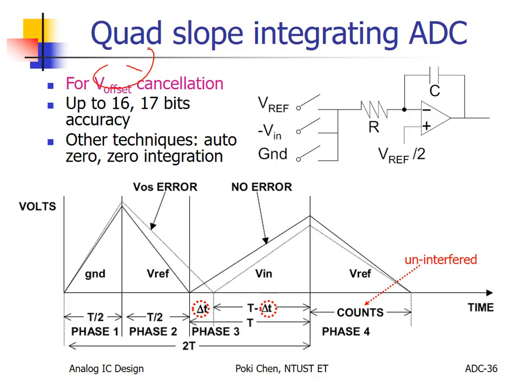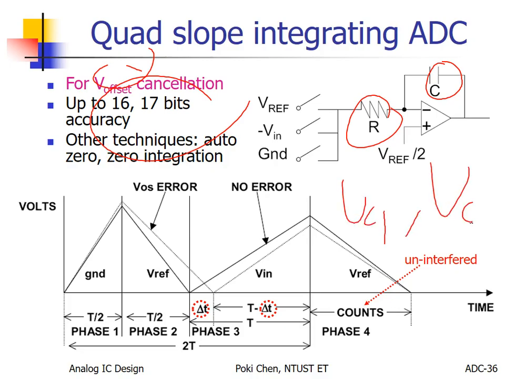Anyway, it is reported that we can achieve 16 to 17 bits in accuracy, but you need to control the linearity of your resistor and capacitor. For on-chip resistor and on-chip capacitor, it is no good, because we have VC1 and maybe VC2.